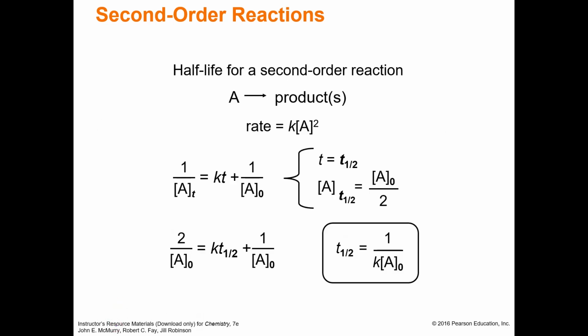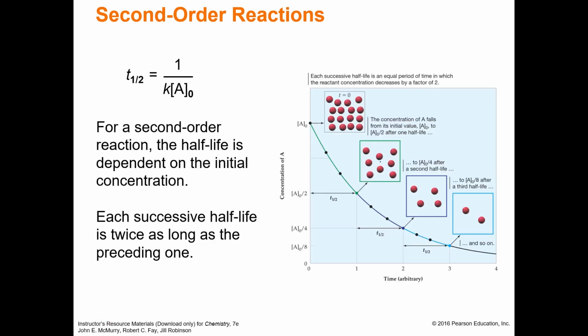So the half-life for a second order reaction, we can write an equation for that. But you'll notice that the concentration of our reactant appears in that equation. This is the equation for the half-life of a second order reaction in this box here. We don't deal with it too often, although occasionally you might see that. The difficulty with a second order reaction is that each of the half-lives is a different length of time.